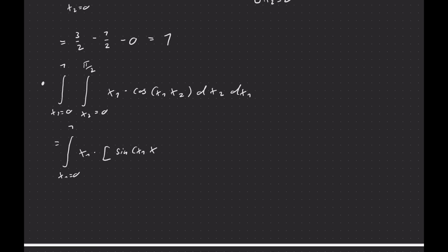So we get something like sine x1 x2. If we differentiate that, then we get cosine x1 x2, and then we have to multiply with the differential of the inner function here. That differential would be x1. So for the integration, we need to divide by that factor x1 to get the correct result. Okay, so this is the integral, and we want x2 from 0 to pi over 2, dx1.